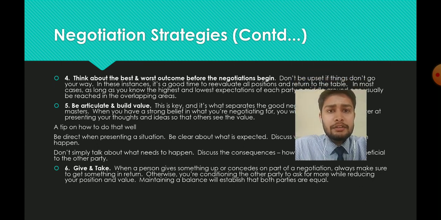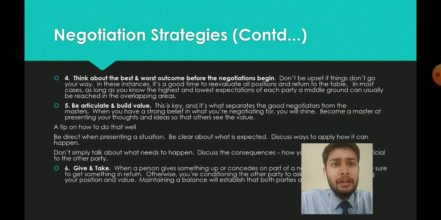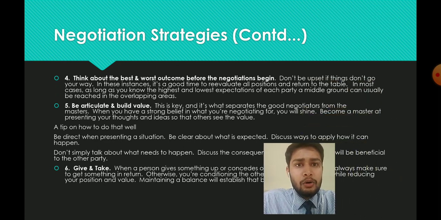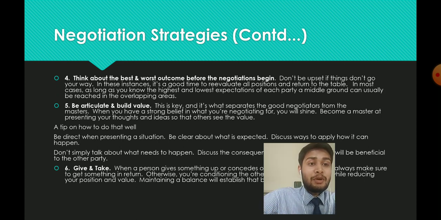Now the last three points in the negotiation strategies are these. Think about the best and worst outcome before the negotiation. This might help us in dealing with the failures and successes.